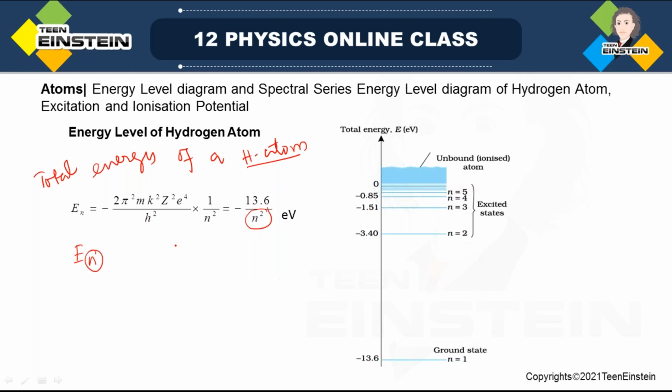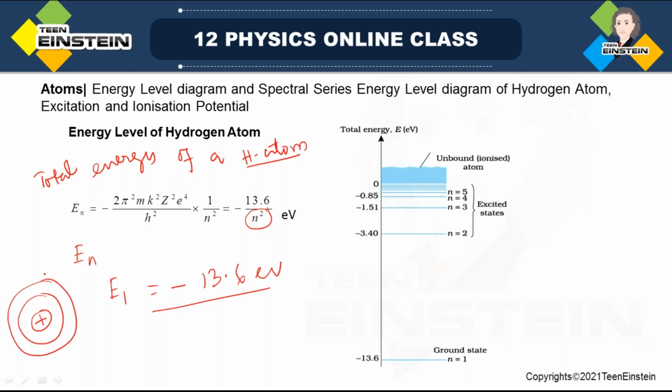So we can calculate the total energy of any stationary state. If I want to calculate E1, then n is equal to 1. That means this is the lowest stationary state. And we have seen the energy was minus 13.6 electron volt. So this particular formula will tell you how you get various energy levels, or the stationary orbits.